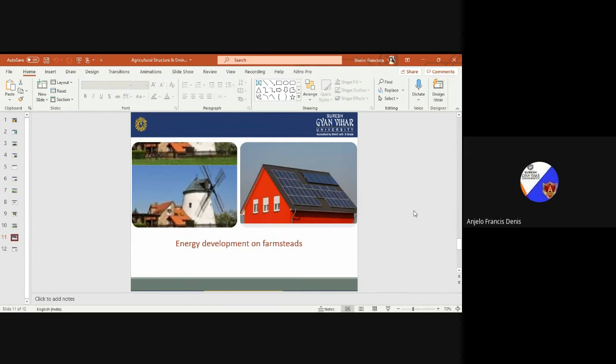Suppose throughout the year there is a high speed wind in the area, so we can go for installation of windmills. If it is a dry area and for maximum days within a year we get sunlight, in that case we should go for installation of solar panels.